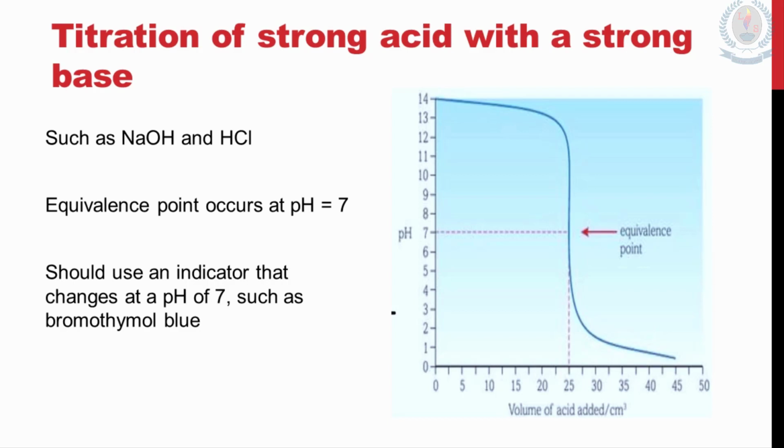Here you can see in this graph the equivalence point occurs at pH 7. So we have to see the end point correctly and accurately. We have to use an indicator for this titration.